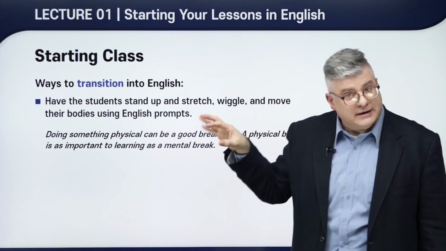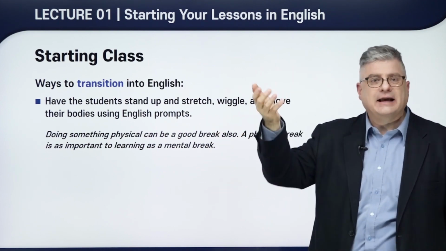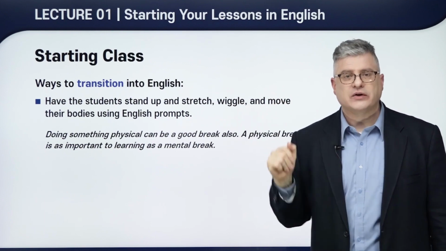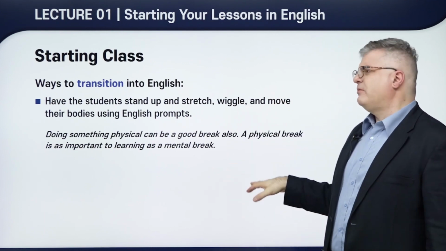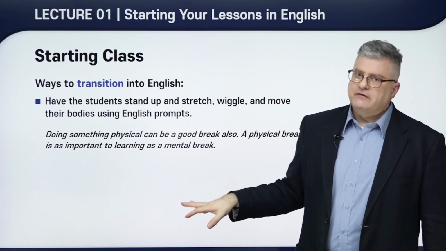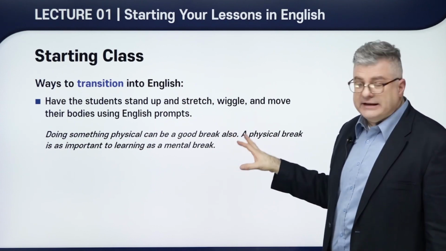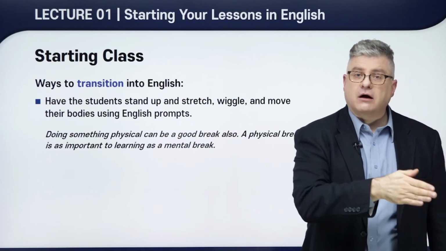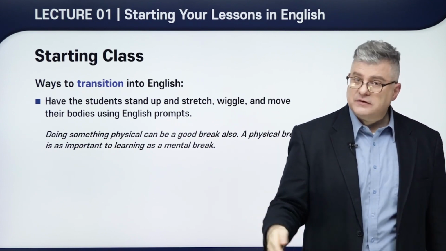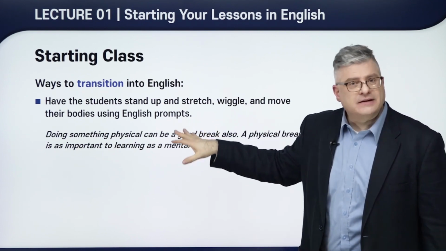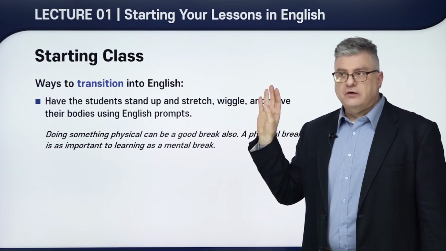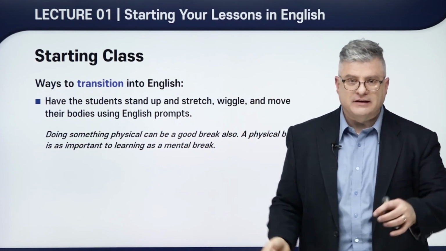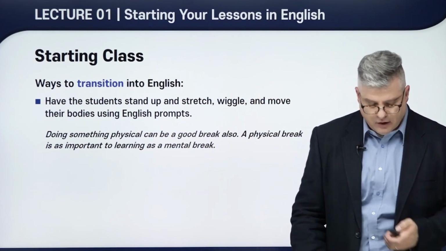They're all transitions. This physical one is a good way, again, psychologically, now it's English class. And this physical break is, kids have long days and sometimes they just need to move. And this provides a way where they are following along, they're following the prompts, you're telling them what to do. You could combine this with a song. You can combine this with them moving the desks. Okay, it doesn't have to be one thing or another thing.